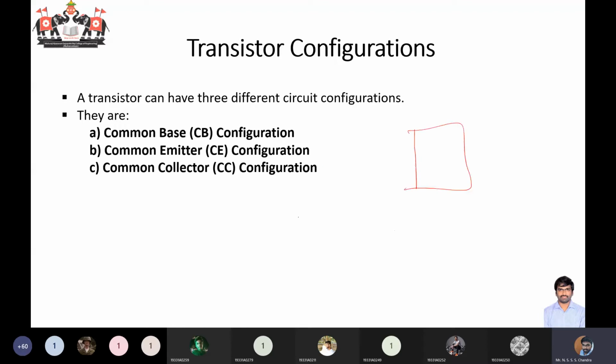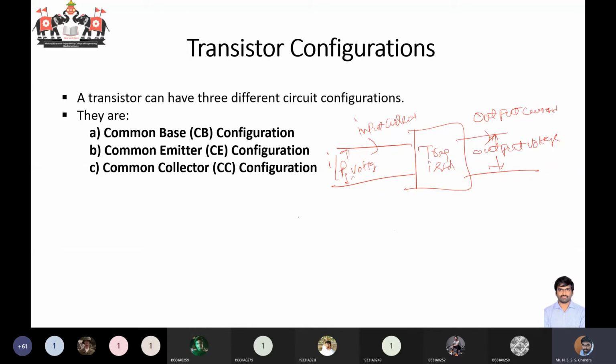Okay, you have a two-port network. To your transistor network, your transistor is within this black box. Okay, you have your input voltage, you have your input current, you have the output current, you have your output voltage.